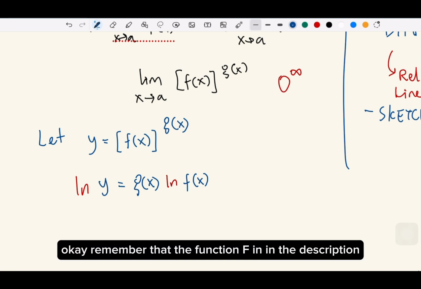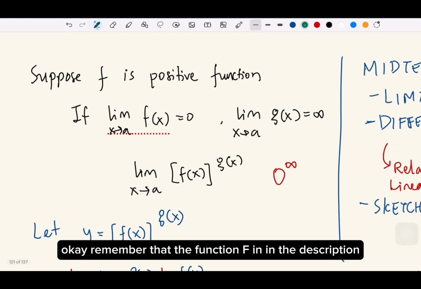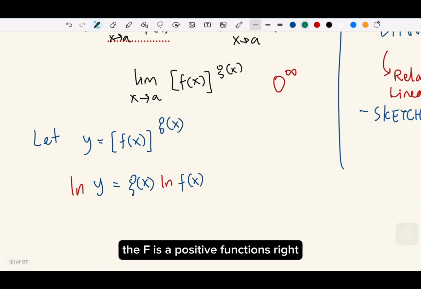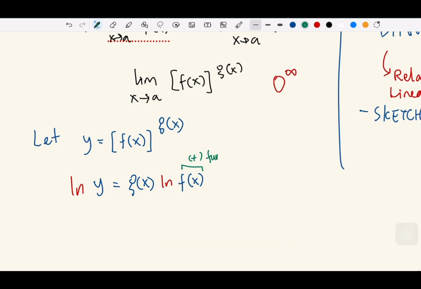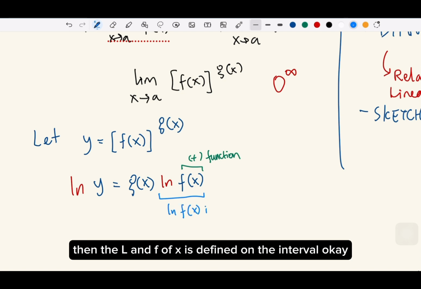Remember that the function f, in the description, the f is a positive function, right? So because f is positive, then the ln f of x is defined on the interval.